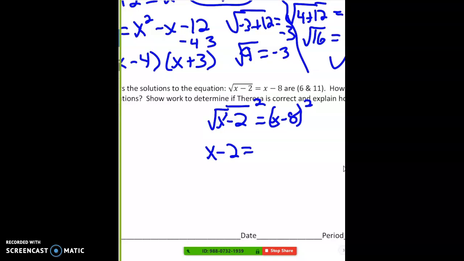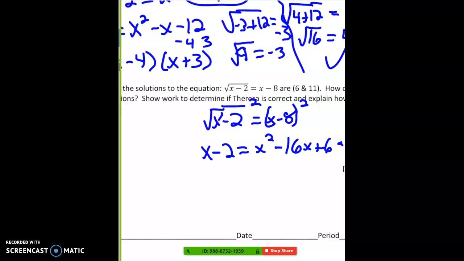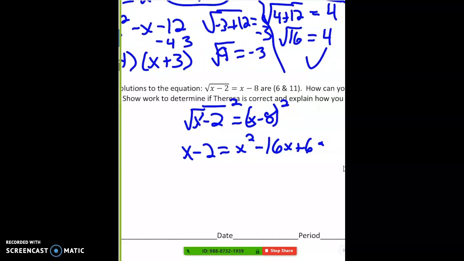The other side is going to be FOIL it, so it's x squared minus 16x plus 64. Okay, so that's what you got there. Move everything to the x squared side. So this is going to be negative 17x, and this will be plus 66.